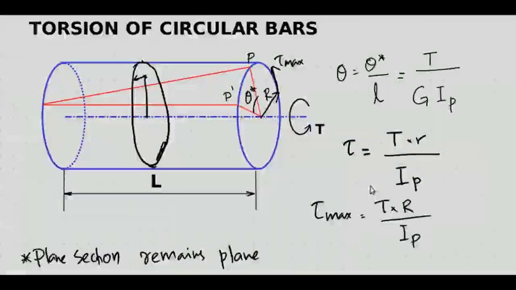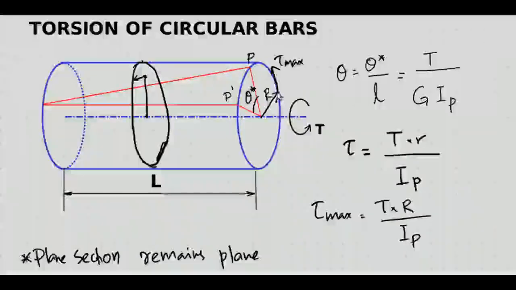And if we use the same assumption for bars having non-circular cross section, we get erroneous results. For example, in the case of a rectangular bar, if we use this assumption, we get maximum shearing stress at points farthest from the center of twist.